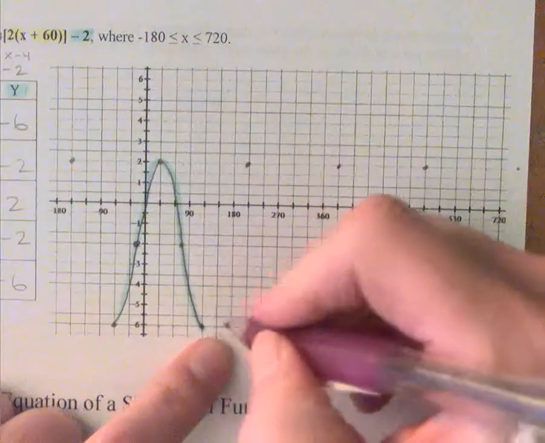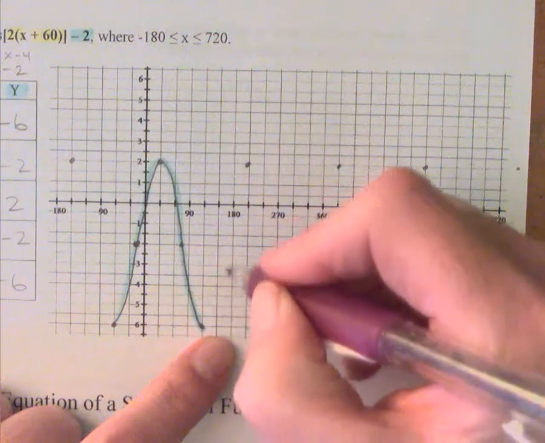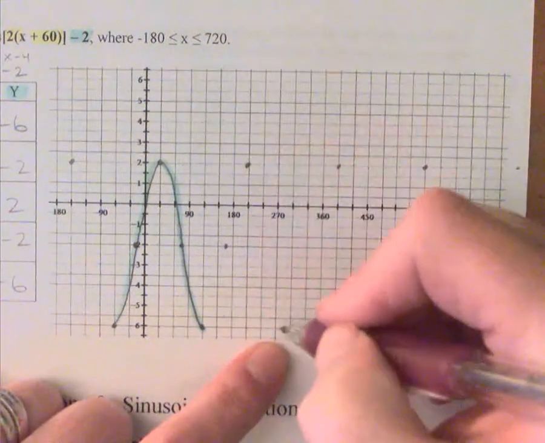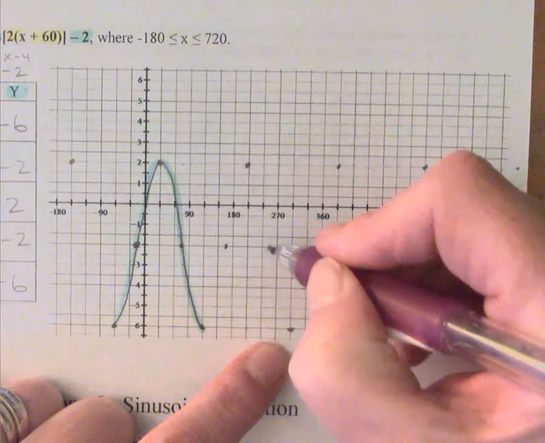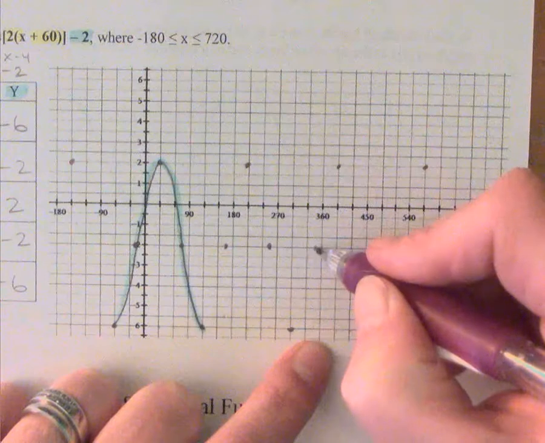And then there'll be 3 spaces between a minimum and a maximum, and I'll be at minus 2. So I'm going to keep looking between the max and the min. We'll be at minus 2, or a space and a half away.